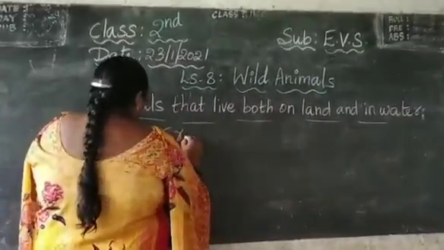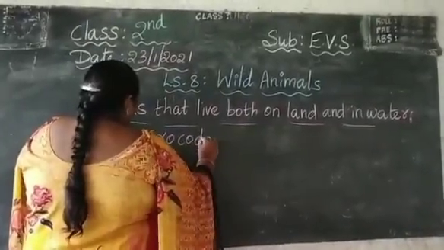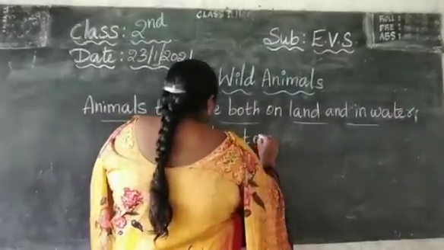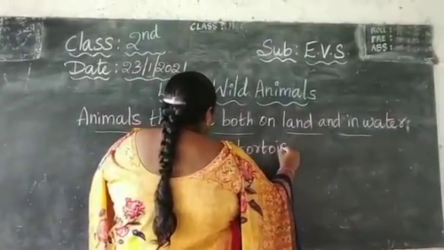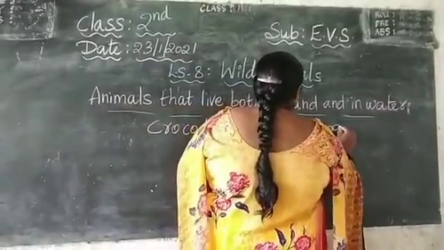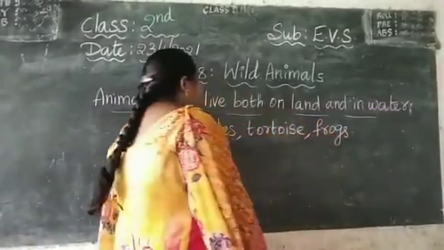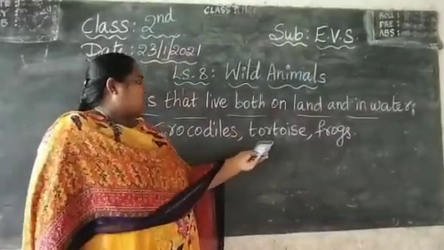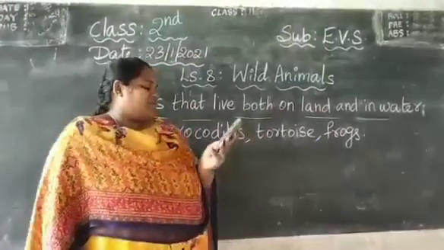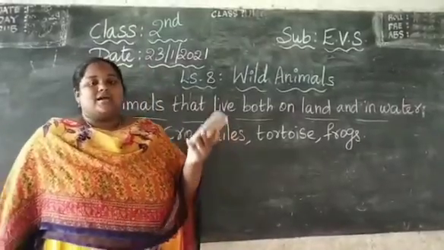Animals like crocodiles, tortoise, frogs. We already saw these animals, and they can stay both on land and in the water.